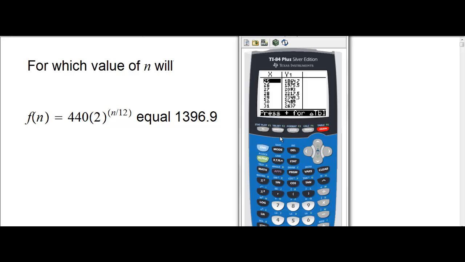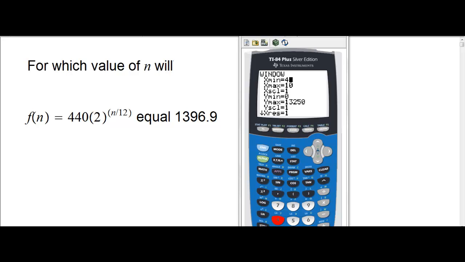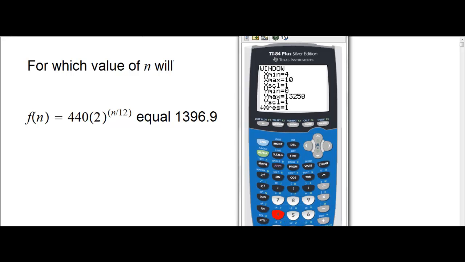So first let us set our window up. We will start at 400. For some reason it's not working, oh no, I'm sorry, for this we had to start at x and go up to 25.